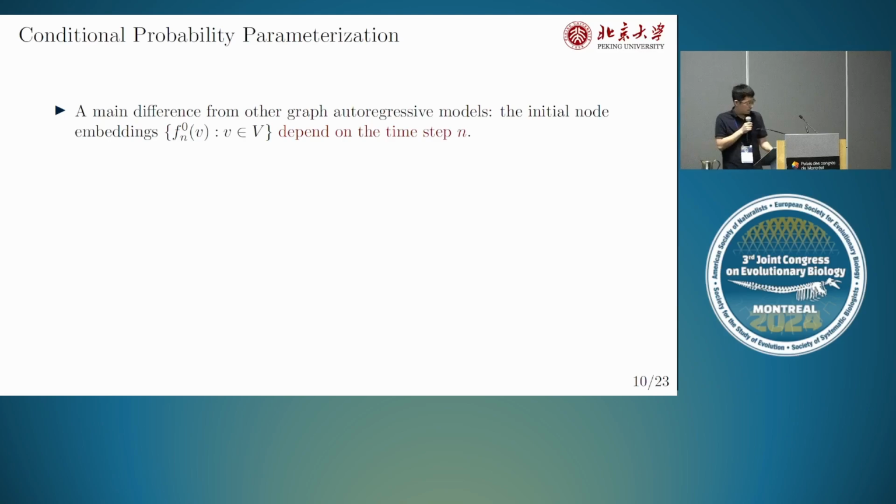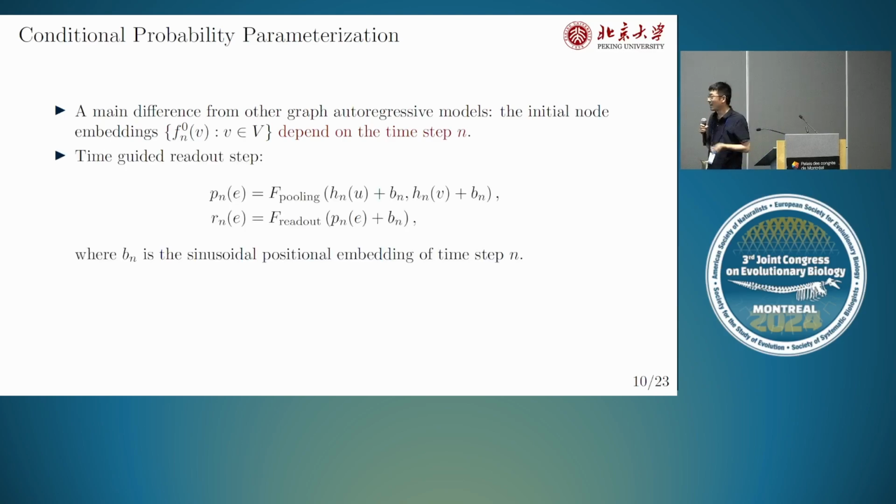So to deal with it, we introduce a time-guided readout step. That is, we combine this latent representation or hidden representation of the nodes with the position encoding. Before we aggregate the node features into an edge feature, we add this position embedding to it, and then we have a pooling layer to aggregate the neighbors of the edge into an edge feature.